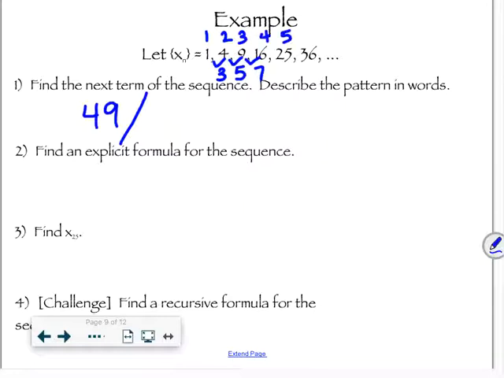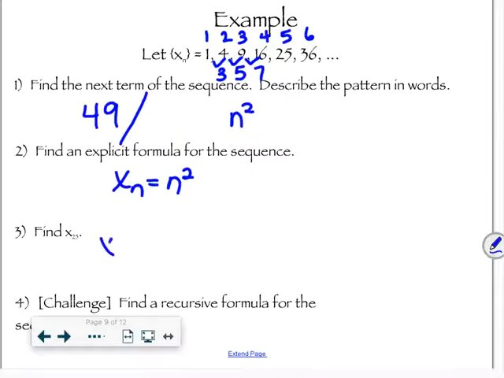Oh, okay, so look at this. If you look at the term numbers, this is like the first term, the second term, the third term, couldn't you just square them? Oh, so guess what? My explicit formula, because if you look at it with the 3, 5, 7, 9, that certainly will give you the next term, but that's really difficult to write an explicit formula for.